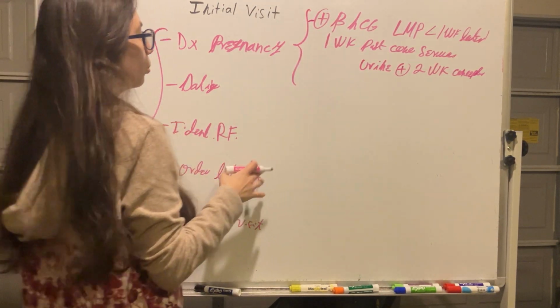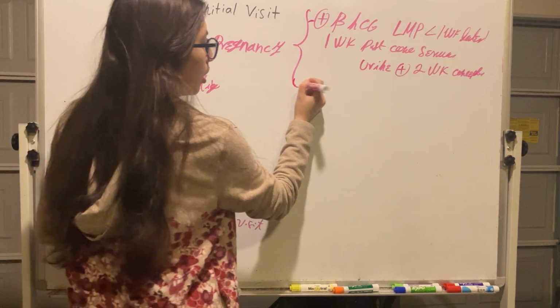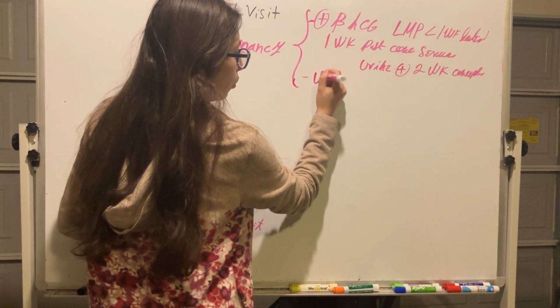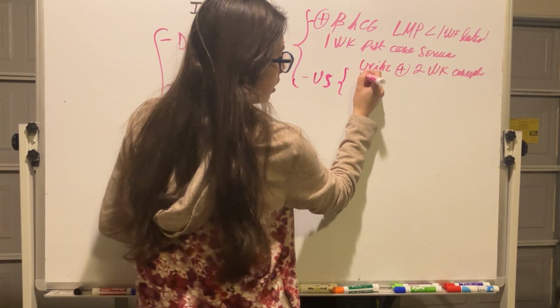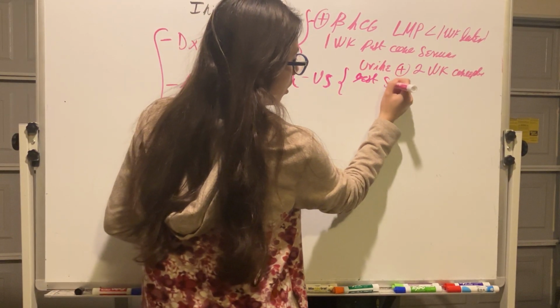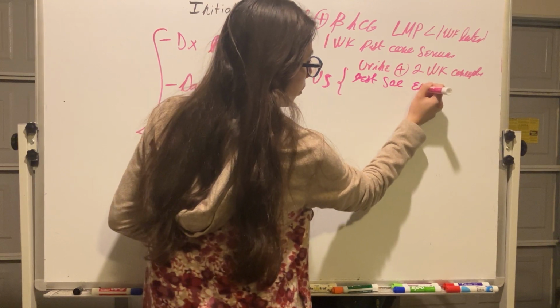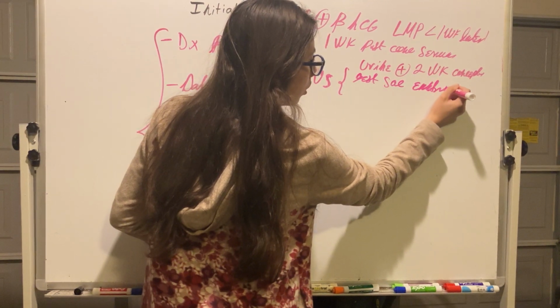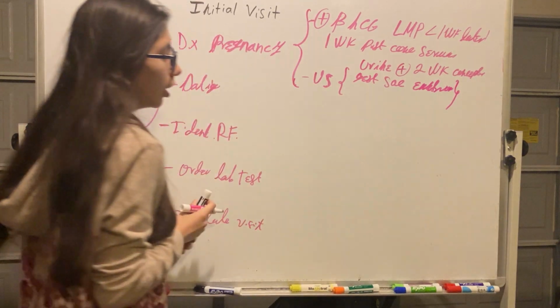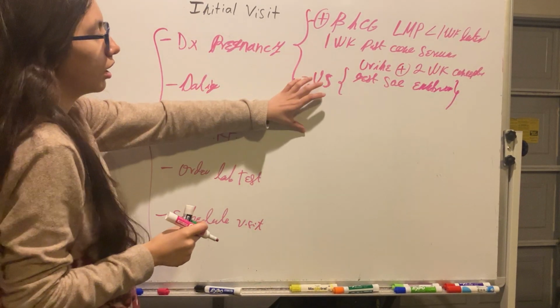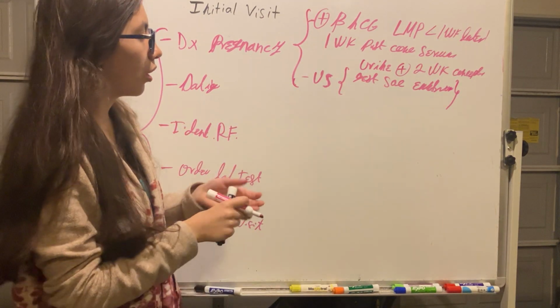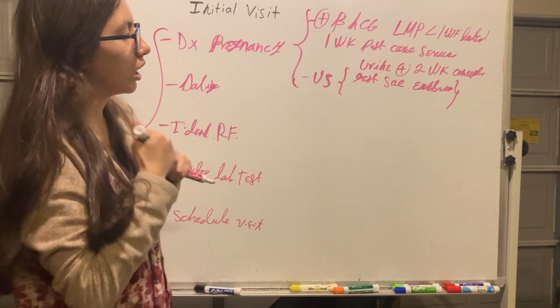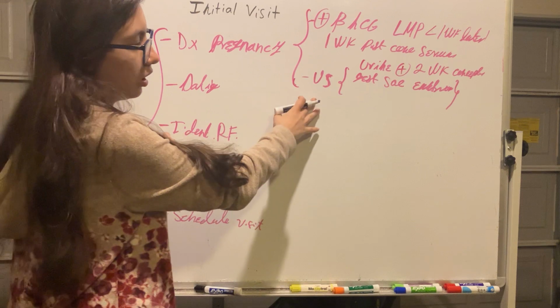Another way to diagnose pregnancy is using an ultrasound, when we visualize the gestational sac with an embryo. If we want to correlate the beta HCG with the ultrasound, this is when the gestational sac is seen in the ultrasound.